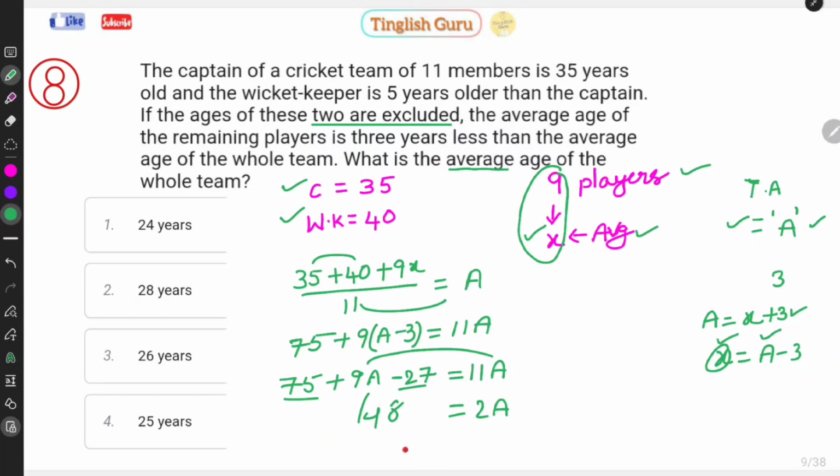So if 2A is equal to 48, then A is equal to 24. A is nothing but the total average of the team of 11 players, right? In the question we are asked to find the average age of the whole team. So the average age of the whole team is 24, option 1.